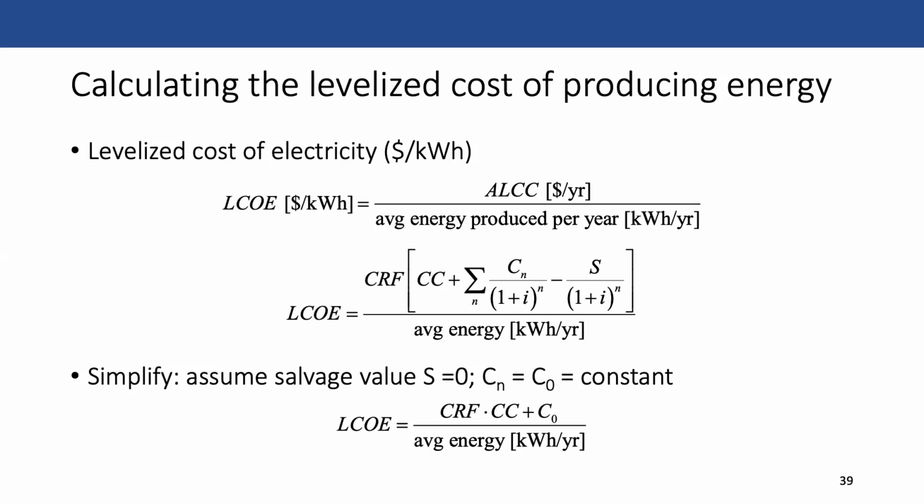So if I take into account how much it costs to build, how much it costs to operate, the lifetime of this thing, and how much electricity it's producing over the lifetime, I can approximately say, okay, this is how much it costs me to produce 1 unit of electricity. And if I do that same thing for many different technologies, now I have a better basis with which to compare them.